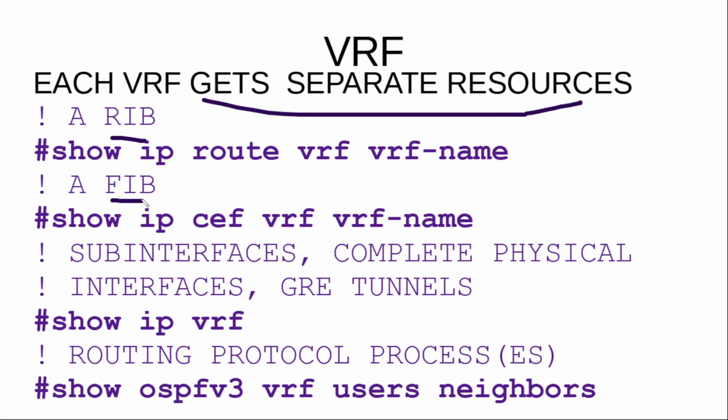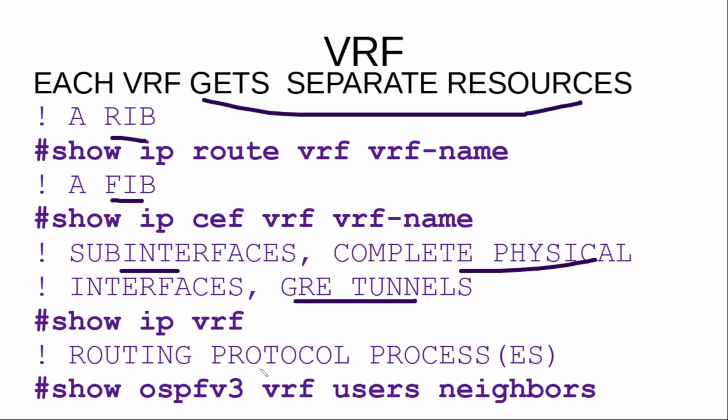And then you can manually assign more resources to your VRF. You can assign sub-interfaces, physical interfaces, virtual interfaces like tunnels, and so on. By default, all the physical and virtual resources belong to the global routing table, but manually you can start assigning these resources to your VRFs.